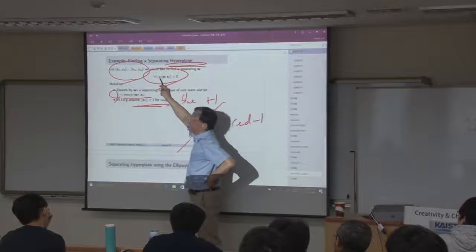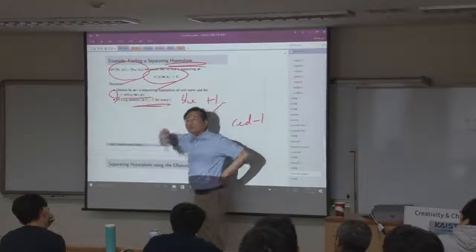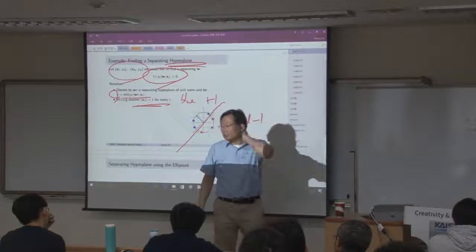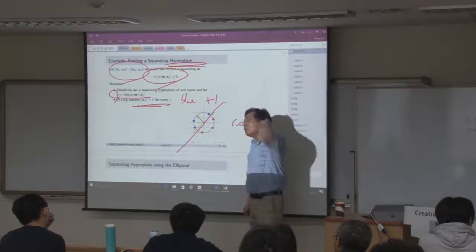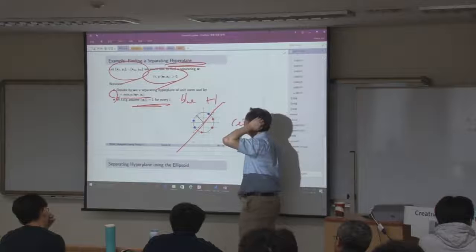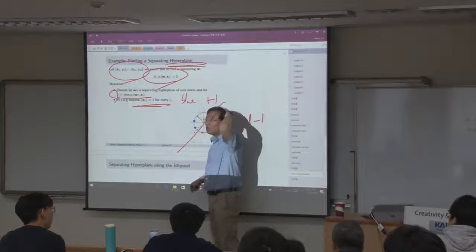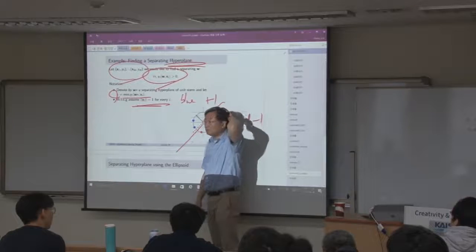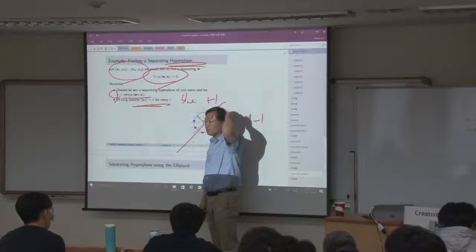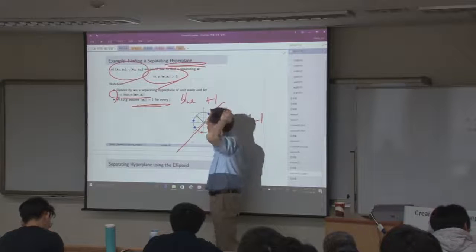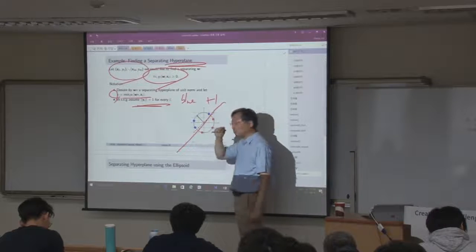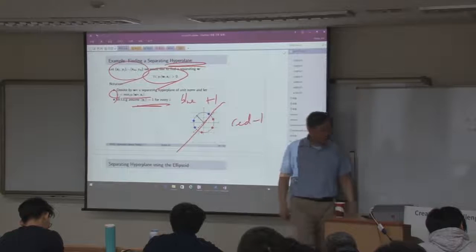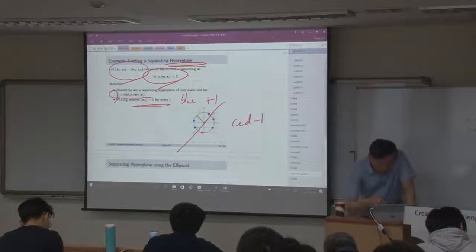This is either plus or -1. Which one would give you the smallest? The one that is closest to the hyperplane. Okay? That will give you the smallest.